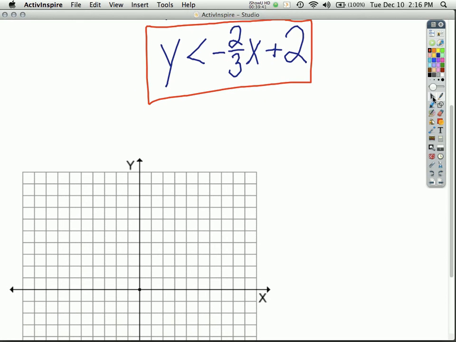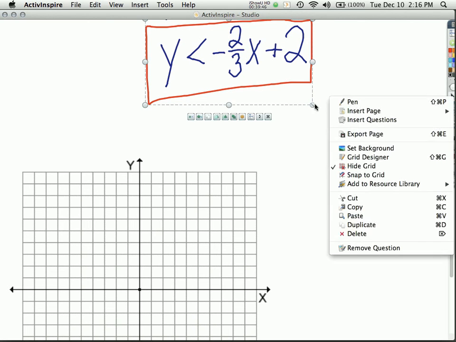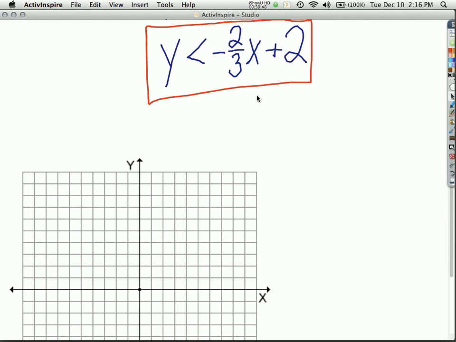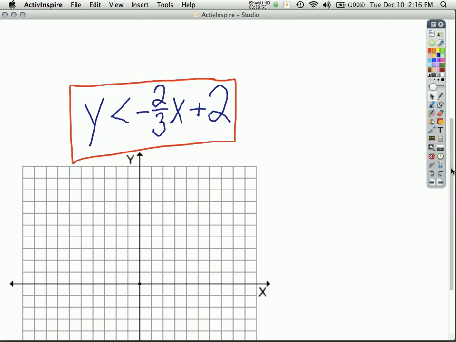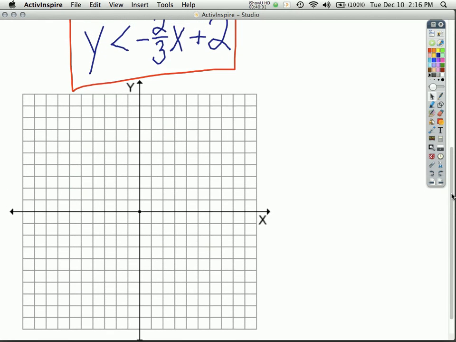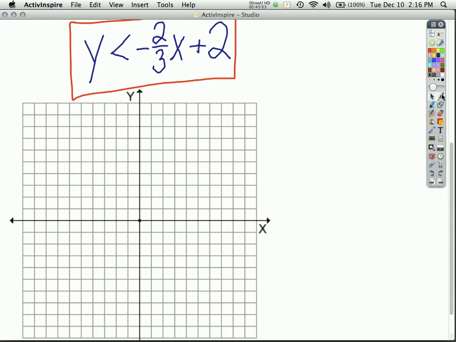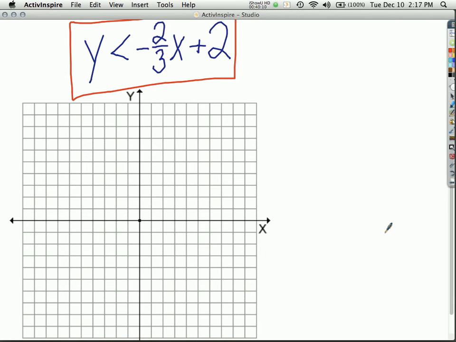So everyone take 10 seconds to draw a grid. I passed around rulers for those who need. So a lot of you have your own.